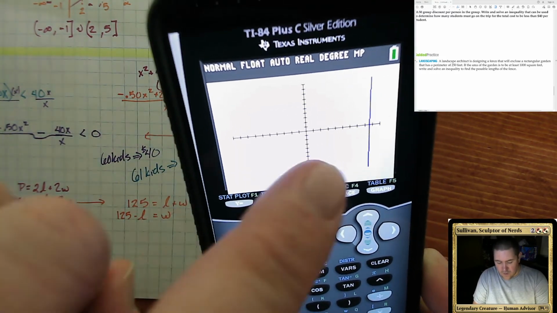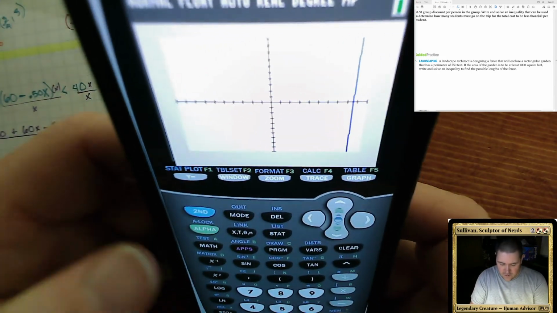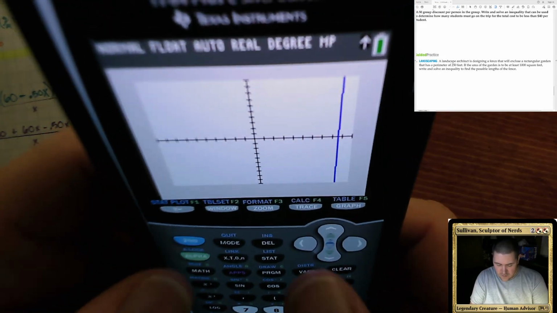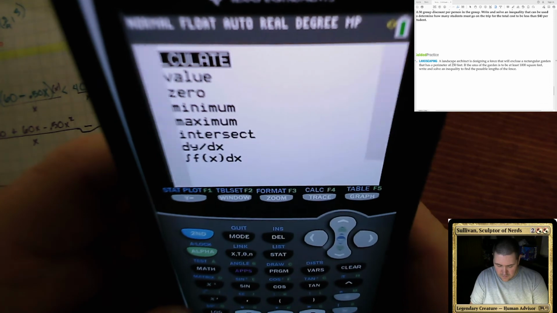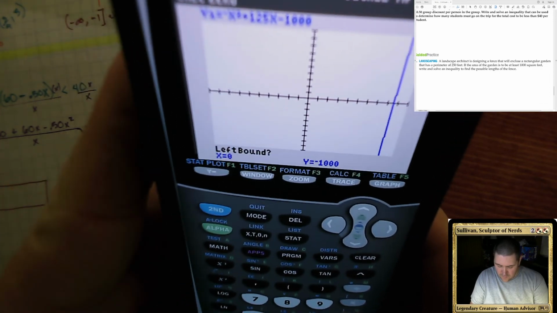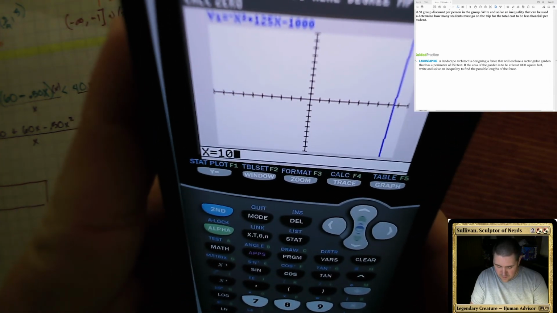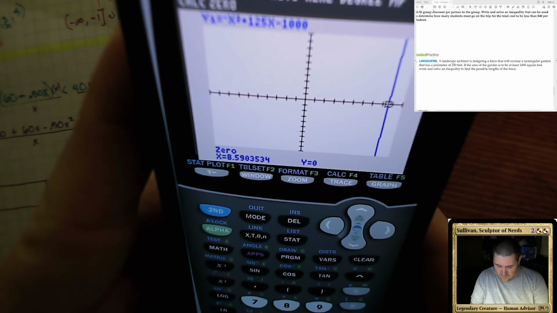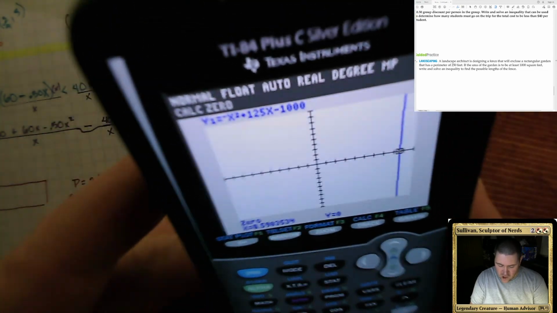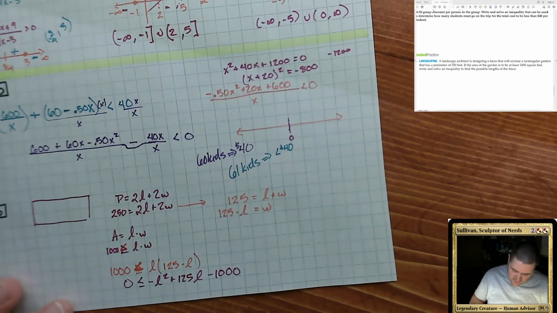So I find my zero over here. I will calculate my zero somewhere between 0 and 10. 8.59-ish. So I'm going to have a length somewhere around there. I'll quickly double check my window, make sure it goes to 125.